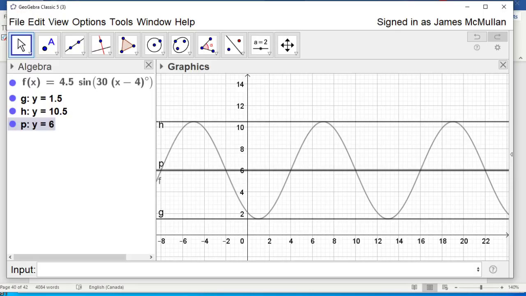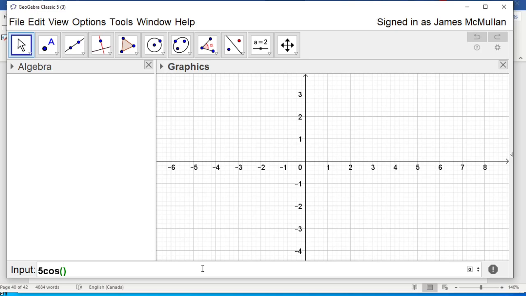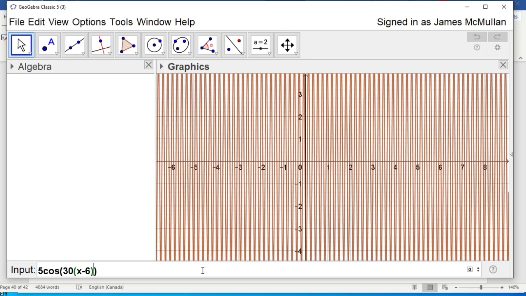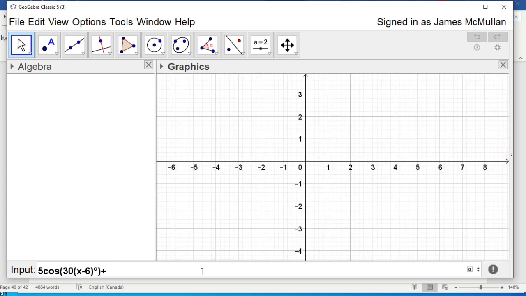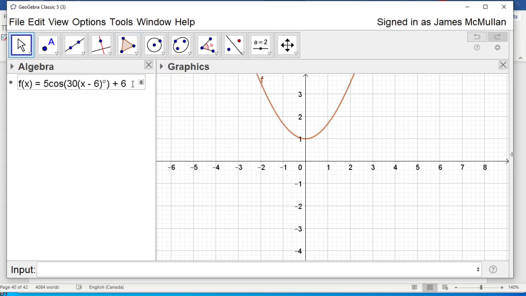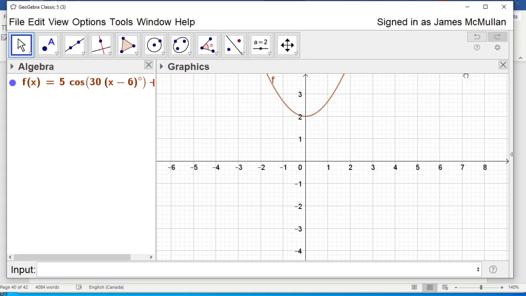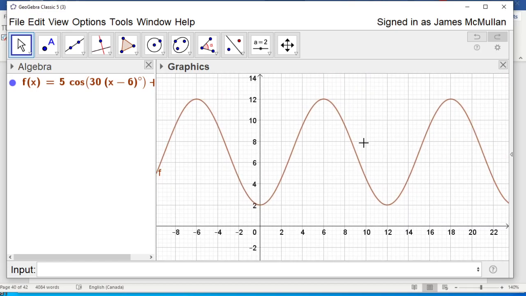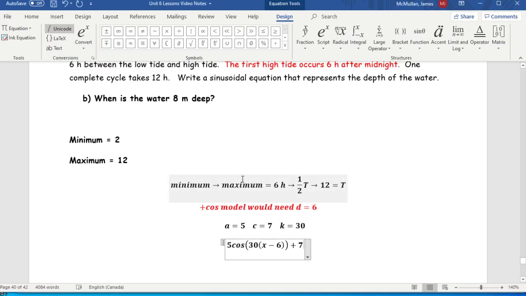Let's quickly draw to prove it. So 5 cos 30(x minus 6) plus 7, in degrees. Now, how does this show what we were just working on?